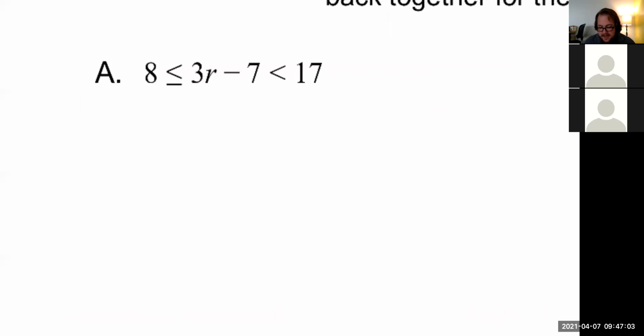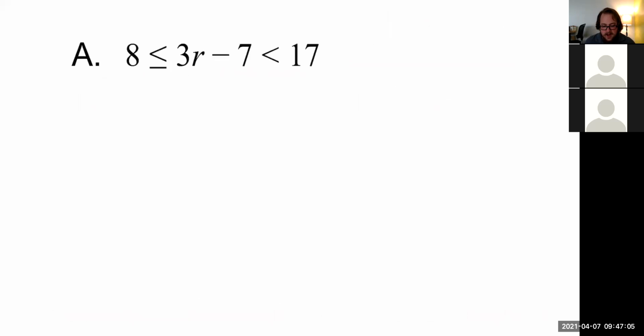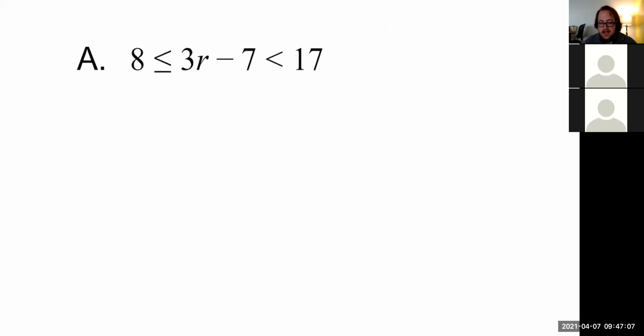Now, let me ask you this. If I gave you no context right now, how would you know that there are two inequalities hiding in this problem? There's two symbols. There's two inequality symbols. I have a less than or equal to symbol here. I have a less than symbol there, which means that there's two comparisons being made.